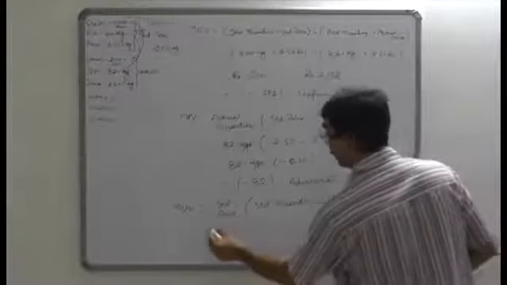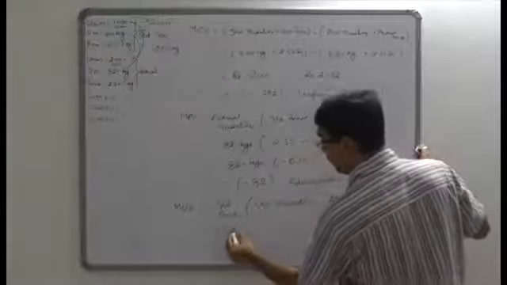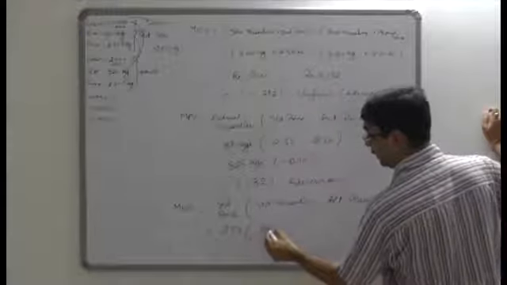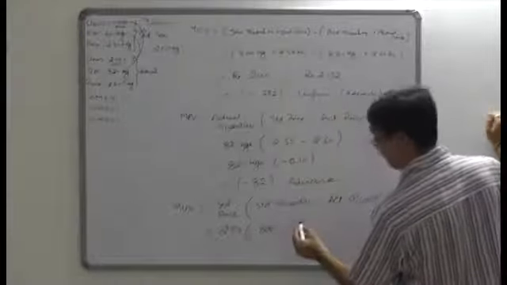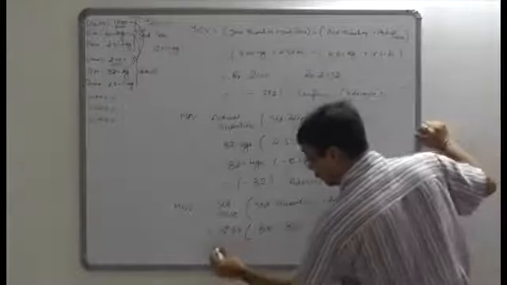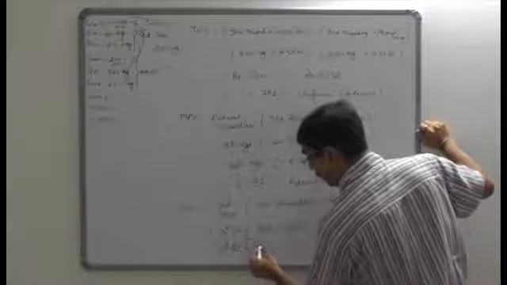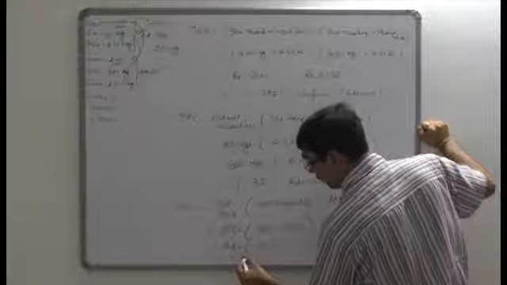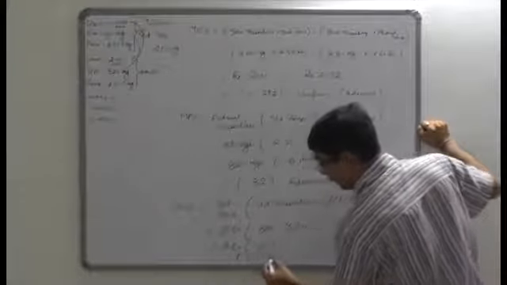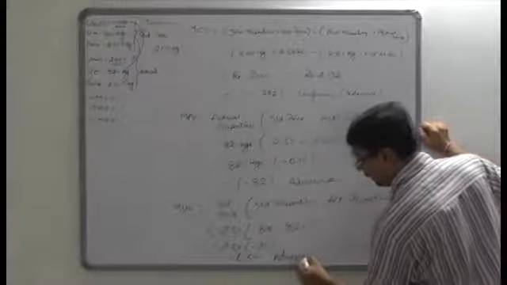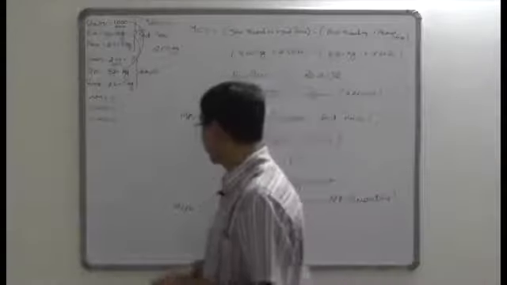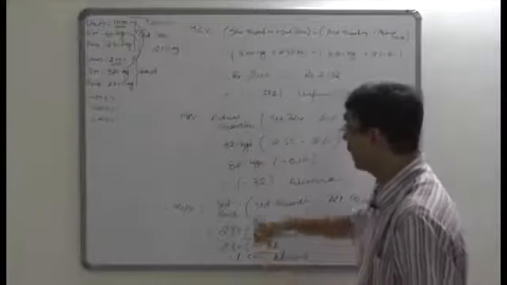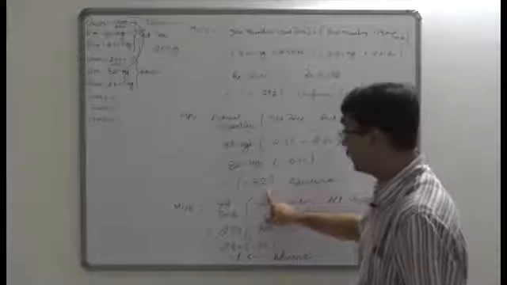The standard price is 2.50 rupees per kilogram into bracket standard quantity 800 minus actual quantity 820. So 2.50 into minus 20 comes to minus 50, and that is also adverse. So MUV is minus 50, adverse, and MPV is minus 82.